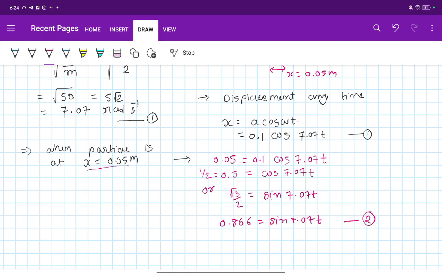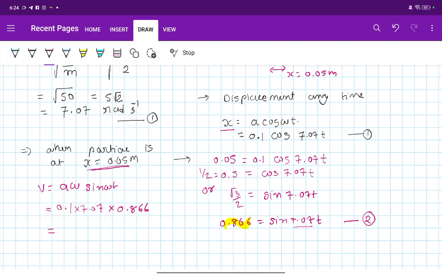Now the velocity at this position will be what? If you differentiate this equation of displacement, we'll end up with A omega sine omega t. Here A is 0.1, omega is 7.07, and sine omega t, that is sine 7.07 t, has the value 0.866.